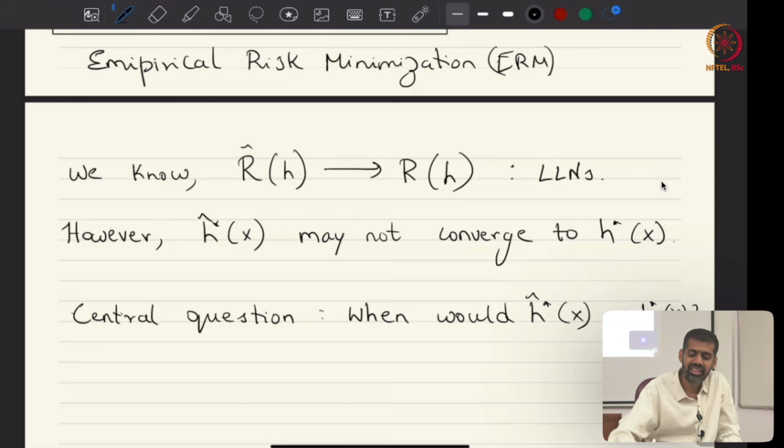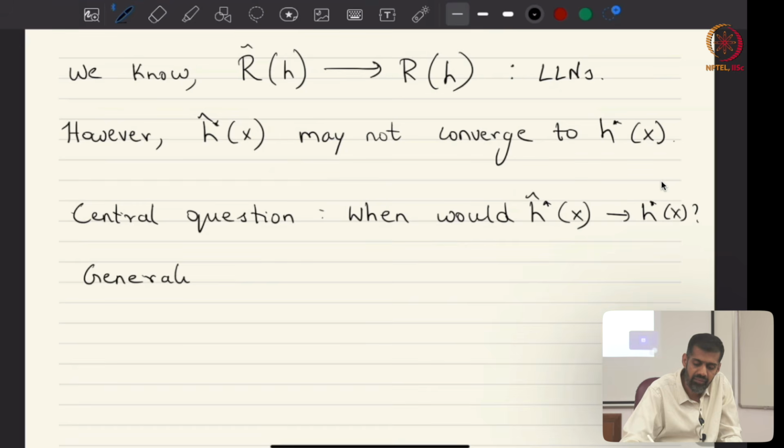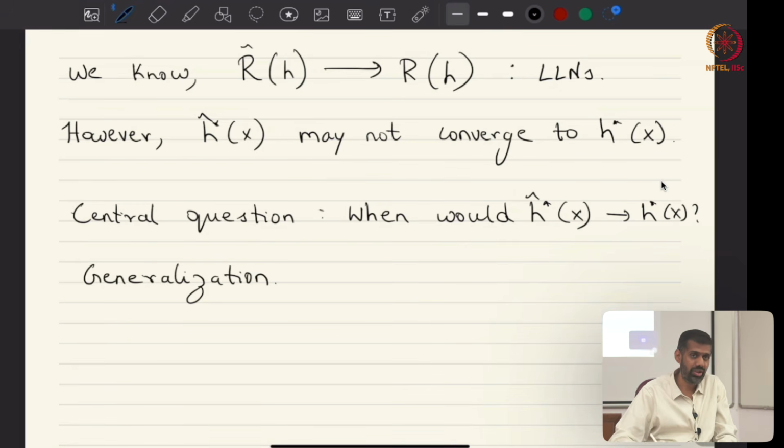This is the central question that should be asked while you are designing any machine learning algorithm. This is also called the question of generalization. We will see more on this as we move on in the course. You might have heard about these terms: overfitting, underfitting and so on. This is exactly where they come from.